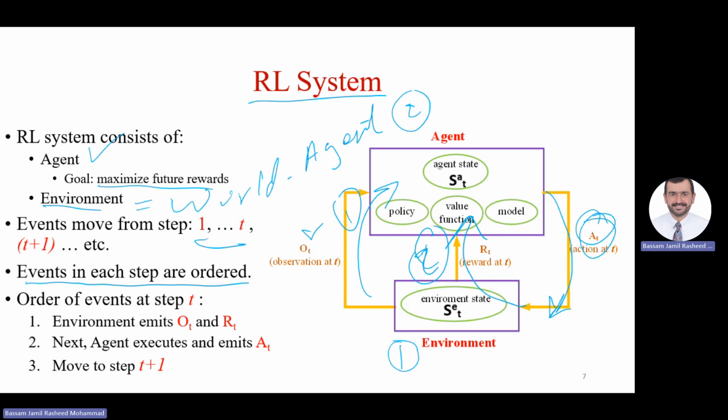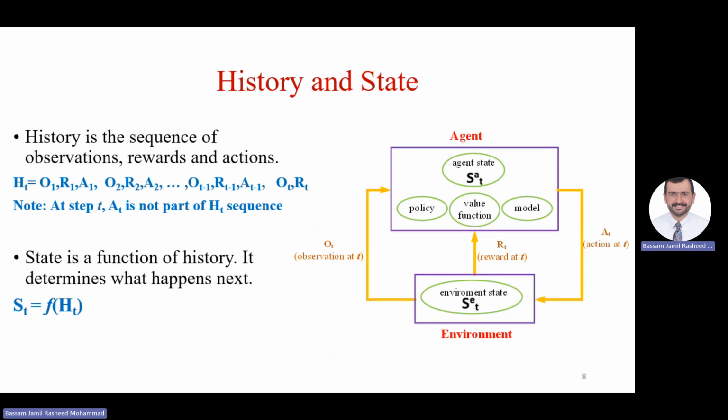And then the agent digests this and takes the next action. Notice these arcs: observation or states, rewards, and then action. Notice the action goes to the environment, and that makes sense because when the child talks or screams, that child screams at the environment. If I'm training the child, the environment becomes the world minus the child. So this is basically the reinforcement learning system.